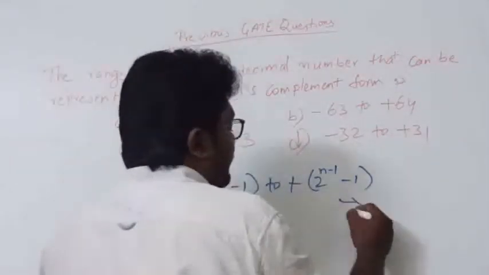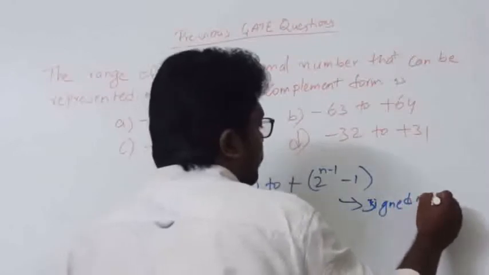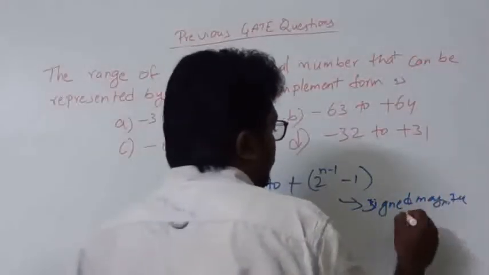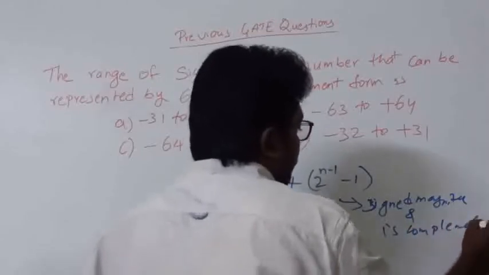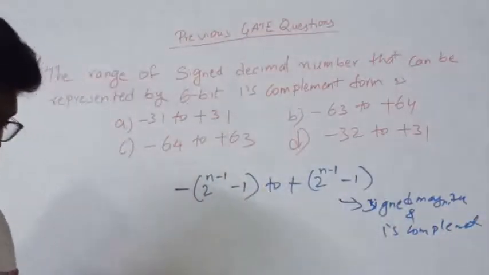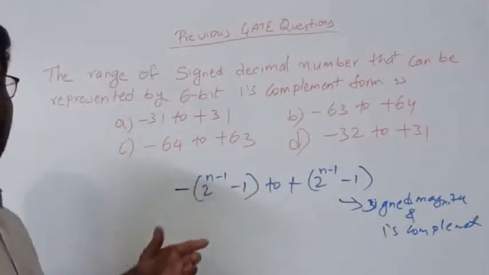This is the range for sign magnitude numbers and for 1's complement representations, where n represents the number of bits.